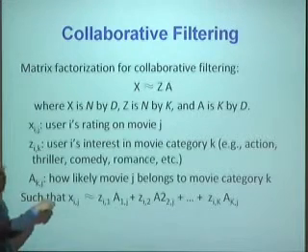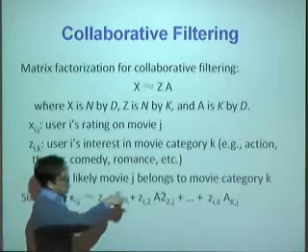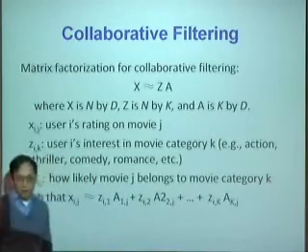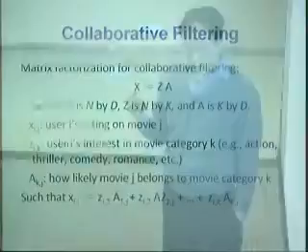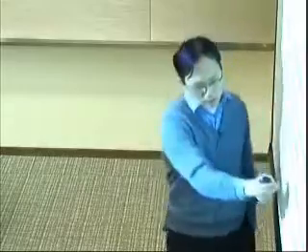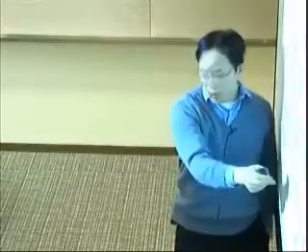A_kj is how likely this particular movie belongs to category k. So the user's preference is how much I'm into romance or thriller or action, multiplied by the movie's membership in different categories, and summed together. That's the intuition.